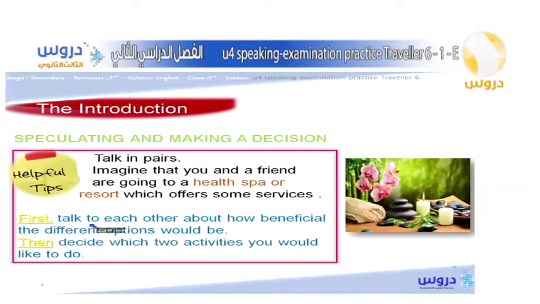So first talk to each other about how beneficial the different options would be, and then decide which two activities you would like to do. So the first one, to talk to each other about how beneficial the different options would be, and the second one, decide which two activities you would like to do.